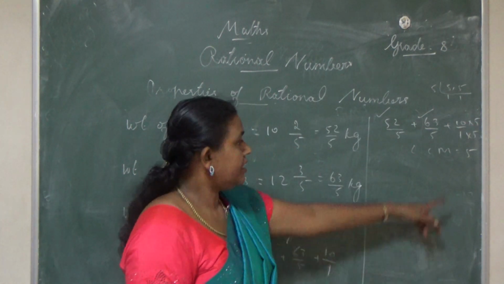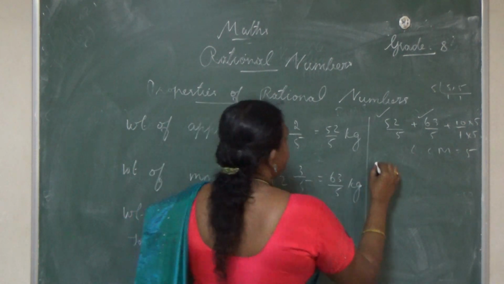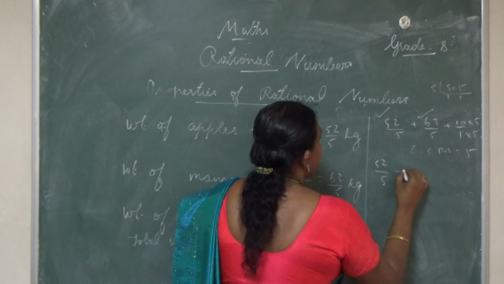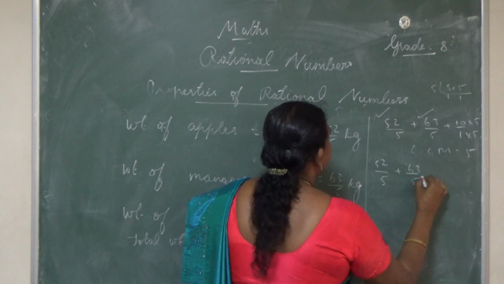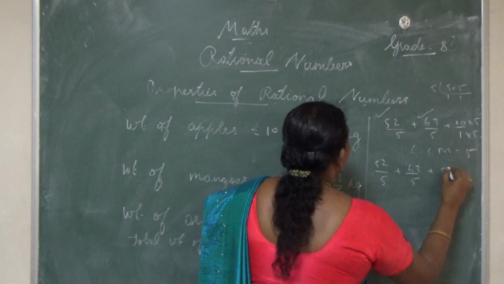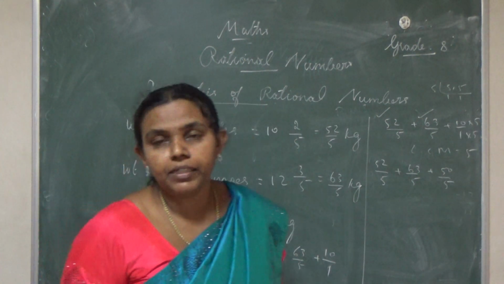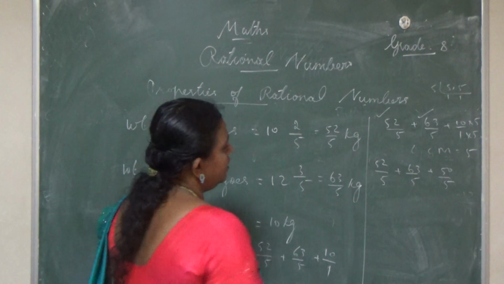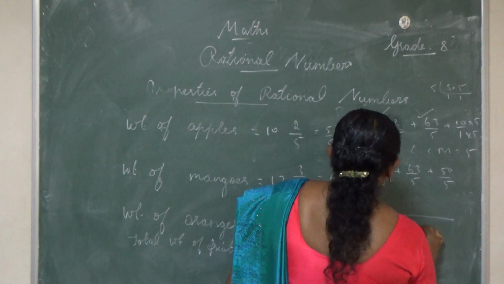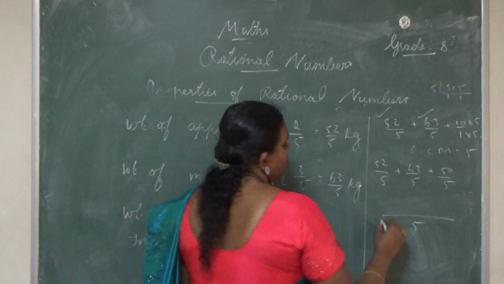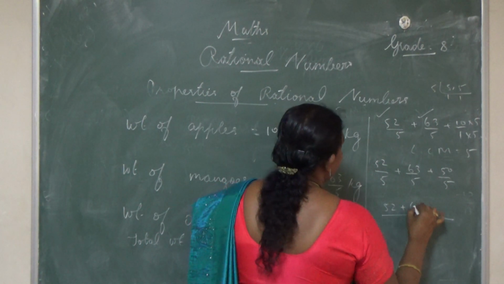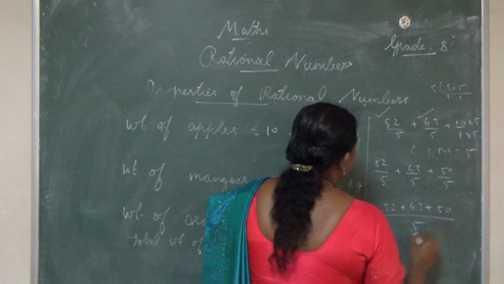Now, did you get it? 52/5 plus 63/5 plus 10 5s are 50/5. Is the denominator common? Yes, the denominator is common, so 5. What does that mean? 52 plus 63 plus 50.